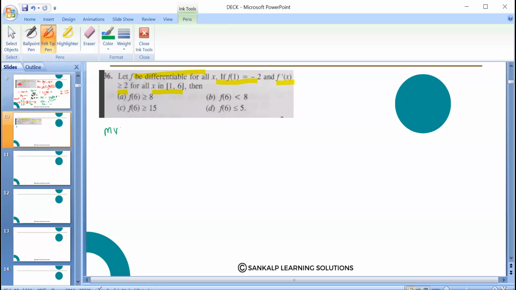So here you will be using MVT, Lagrange's mean value theorem. So if you take the interval 1 to 6, f is differentiable, that means it is continuous also. Now f of 1 is given as minus 2.